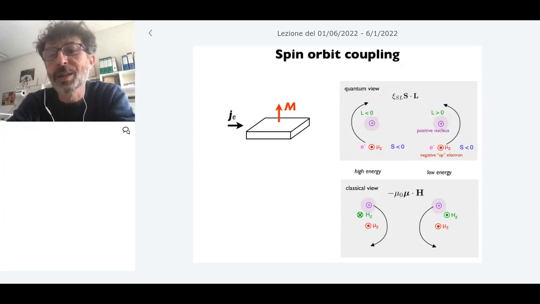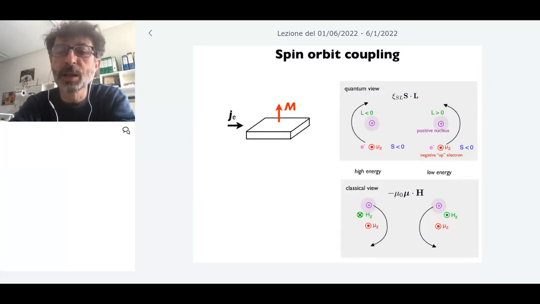As we learned from the Mott model, it's not that strong, because otherwise we would have a change of spin at every scattering, and this is not the case. So in many cases, this spin-orbit coupling can be negligible. But let's see what it is, first of all.